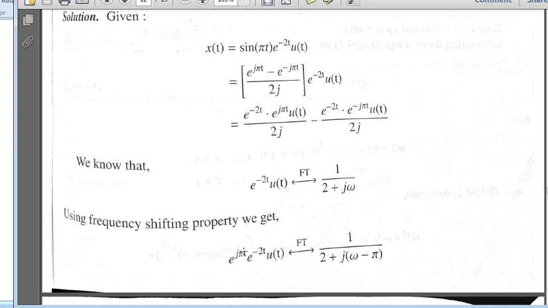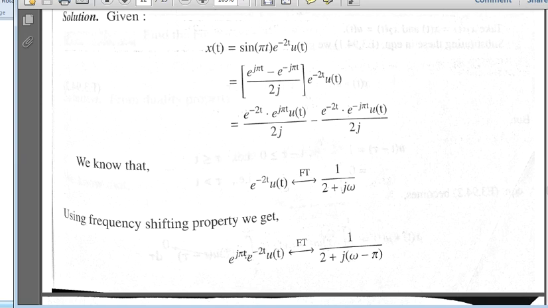By using the frequency shift property, if e raised to j beta t was there, its Fourier transform was X of j omega, in the bracket omega minus beta. So similarly, wherever there is omega, we'll be replacing it by omega minus whatever is the value over here.